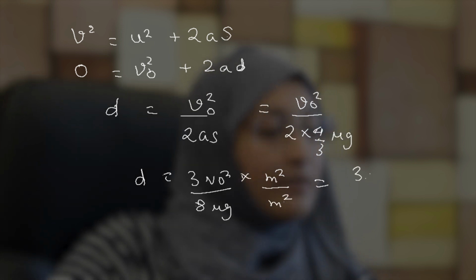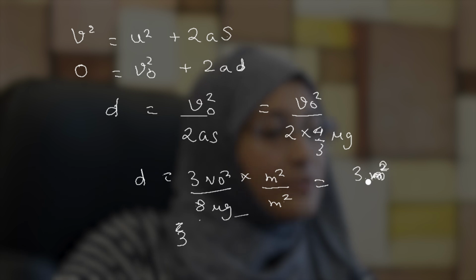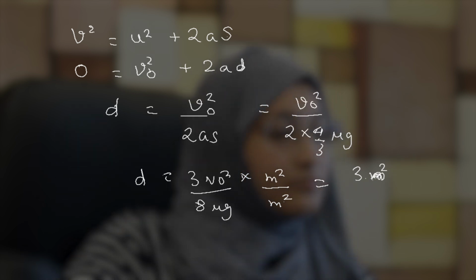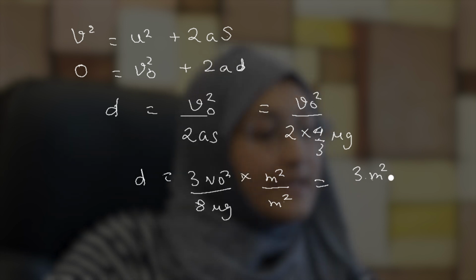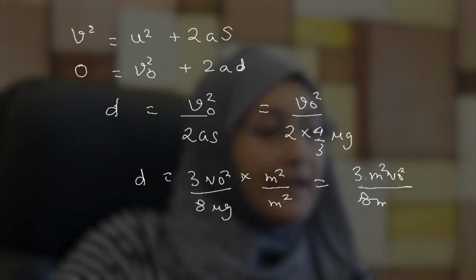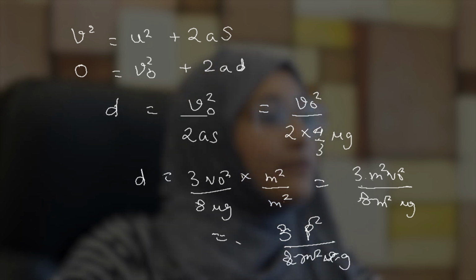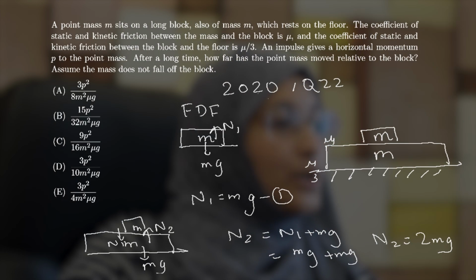We get 3 m square V0 square divided by 8 m square nu g. So this will be equal to 3 p square divided by 8 m square nu g. So what option are we getting, right? That is option number A.